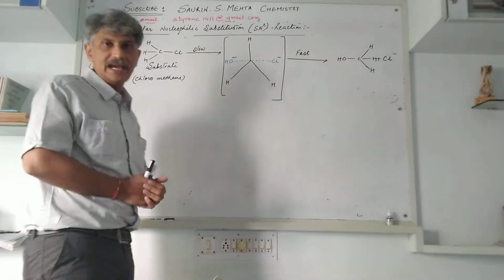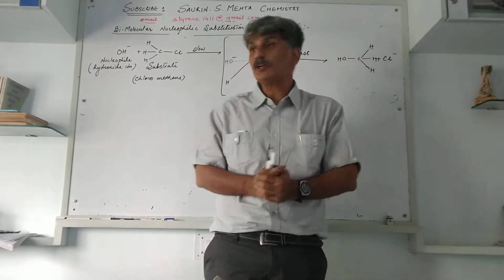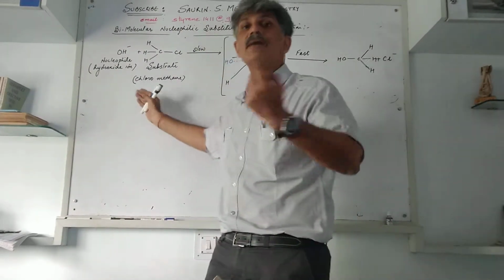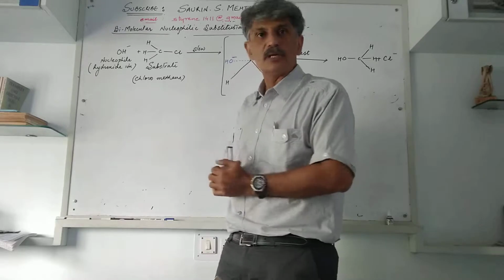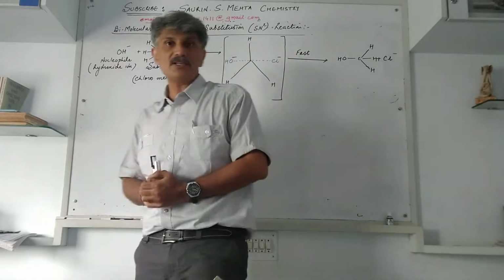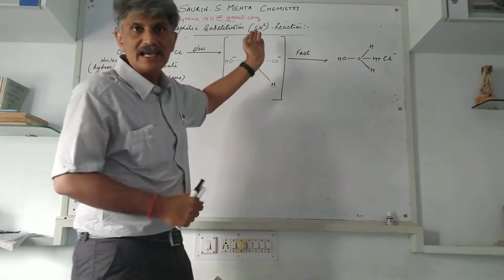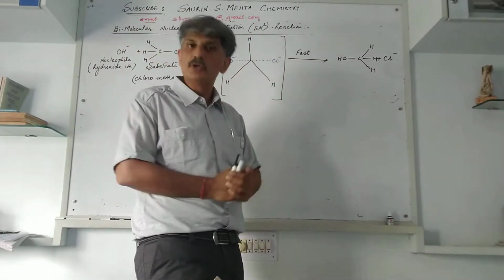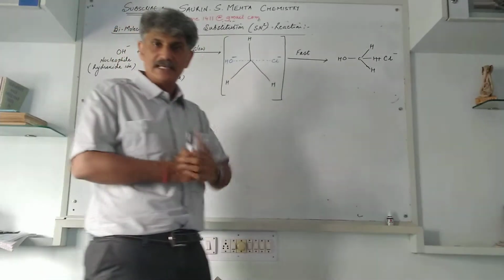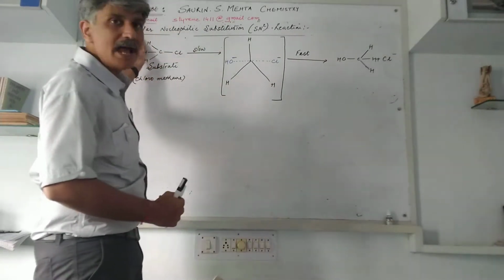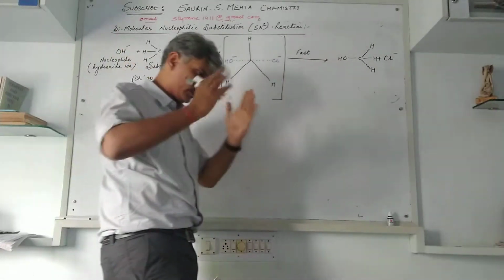Both are reactants. When the concentration of both reactants is taken into consideration according to chemical kinetics, the order of reaction is second order. So we have shortened it as SN2, nucleophilic substitution of the second order, or a bimolecular nucleophilic substitution.